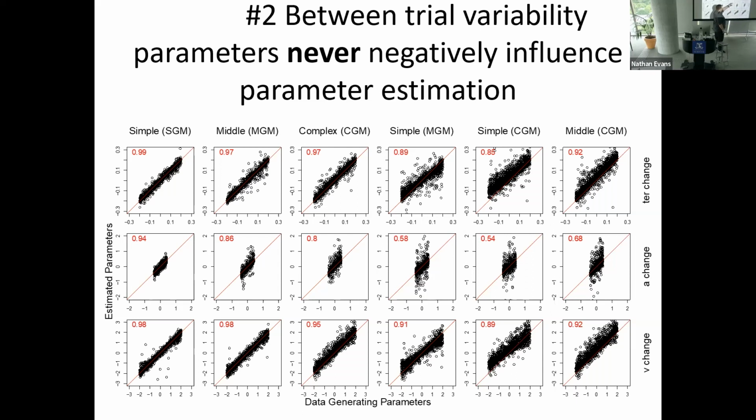To explain, this fourth plot is you're fitting with the simple, but generating with the middle, so full diffusion model. This one is you're fitting with the simple, but generating with the really overcomplex version. And this one is you're fitting with the middle, but generating with a really overcomplex version.